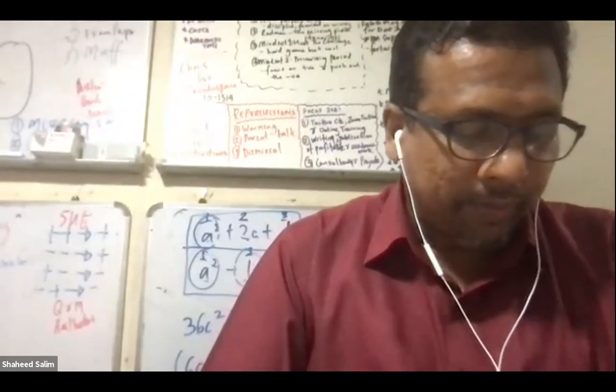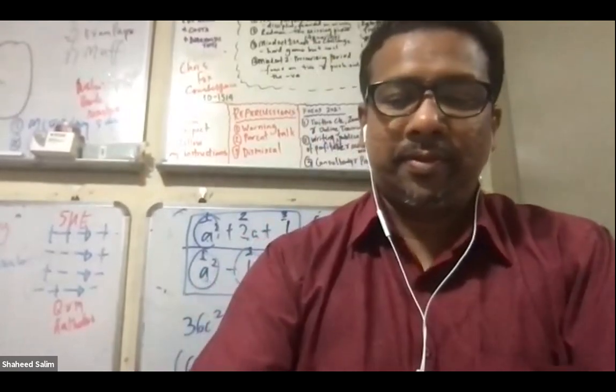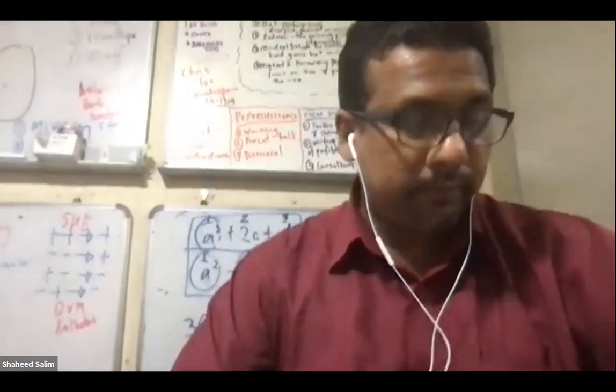Okay, in that case, you try the very last one, L. 9/16 b square minus 16 q square.